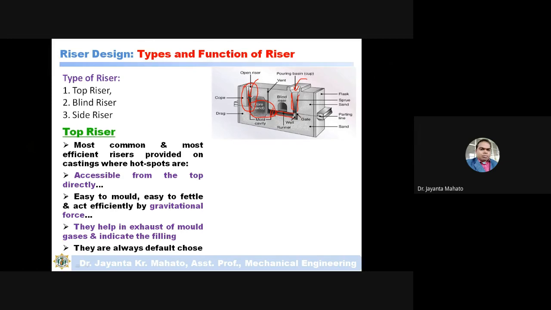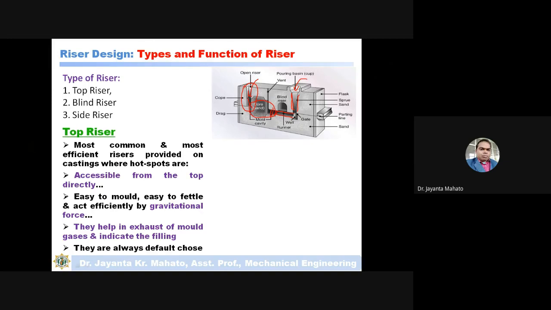Means what happens? The excess molten material will flow to this riser, and the exhaust gases will come out from this riser.